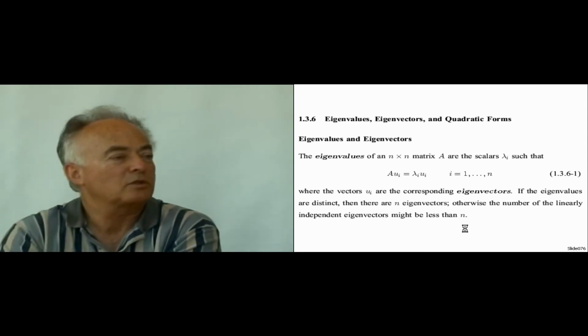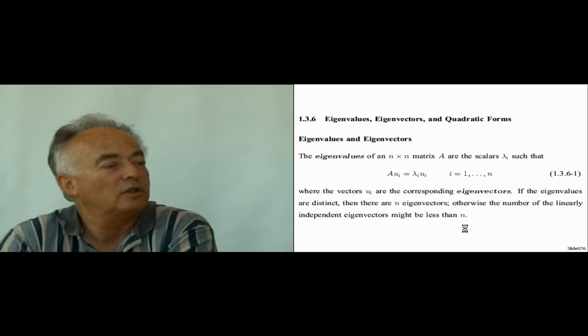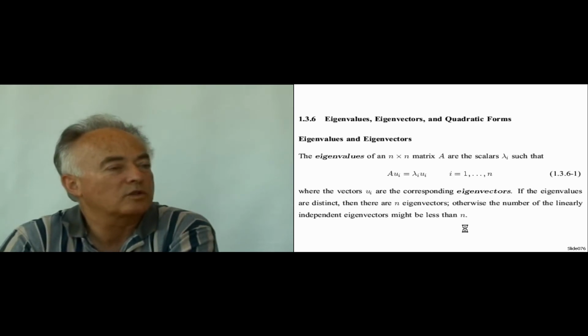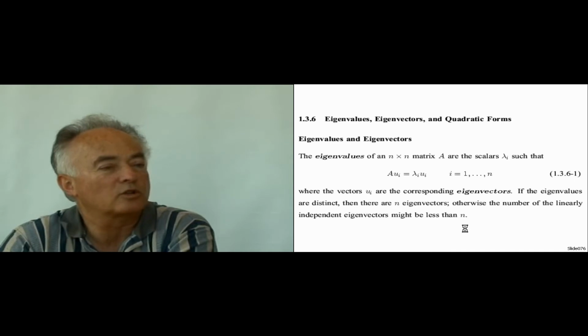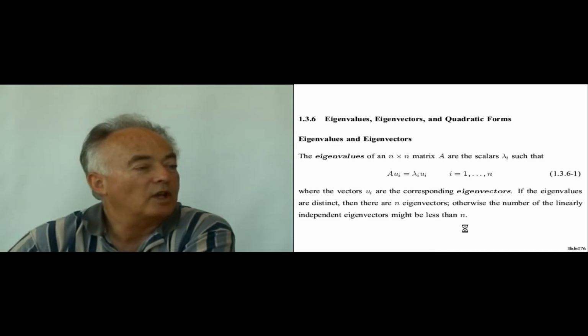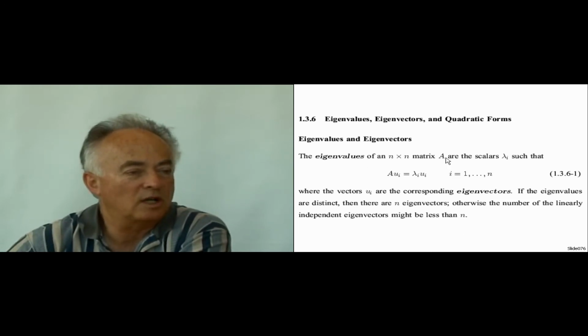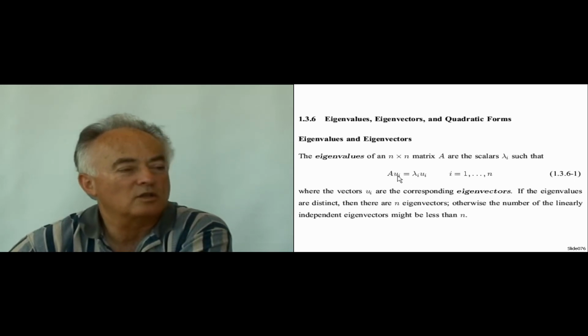Some more expressions that we need are the definitions of eigenvalues and eigenvectors and connection with quadratic forms. The eigenvalues of a square matrix are scalars lambda i such that A times some vector ui is that scalar lambda i times ui.